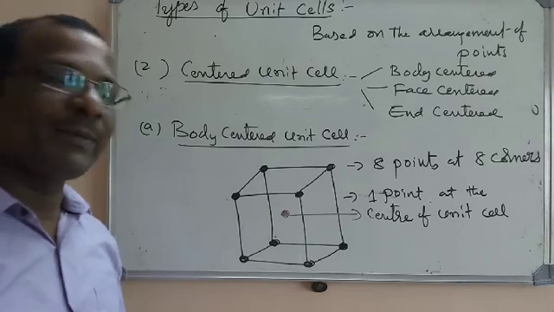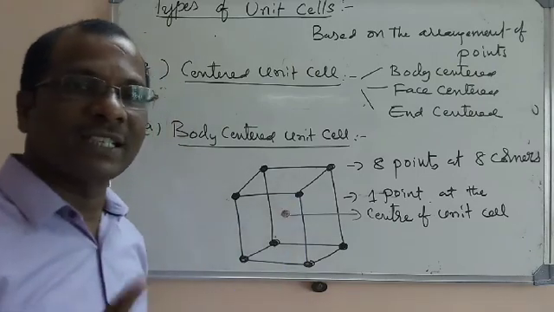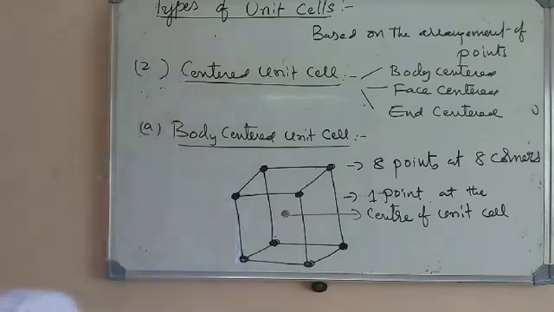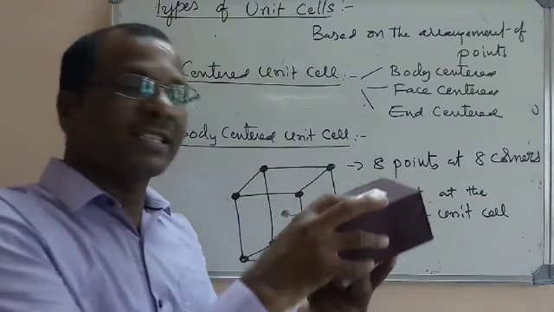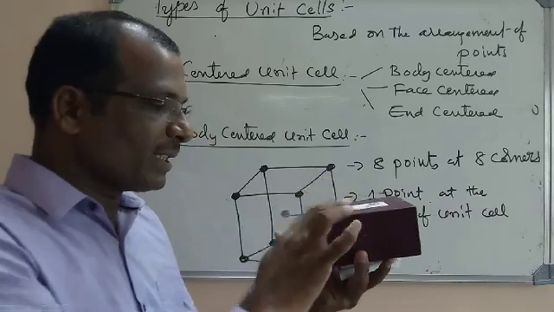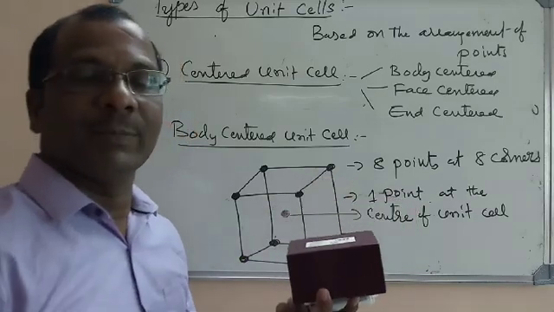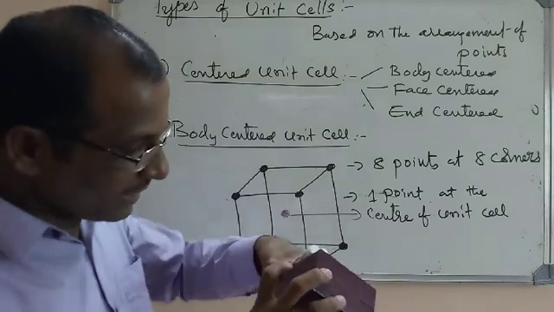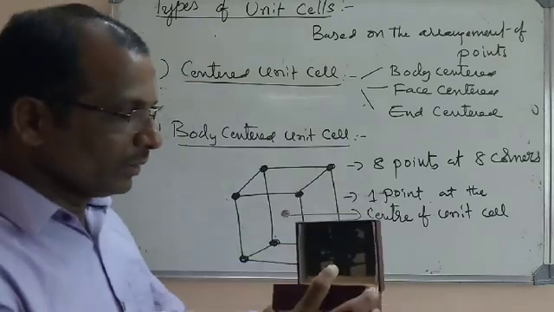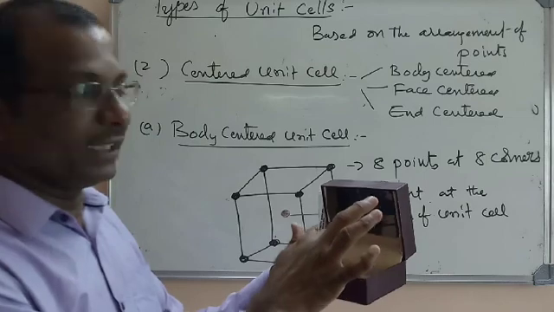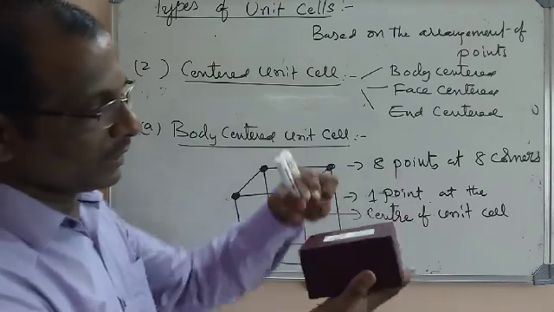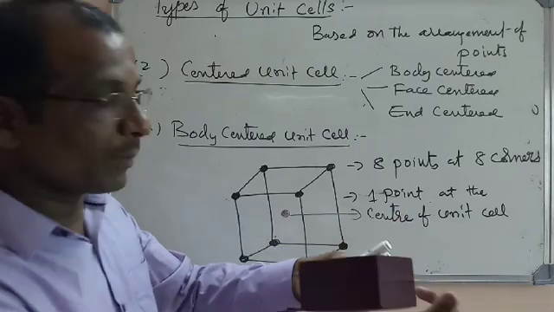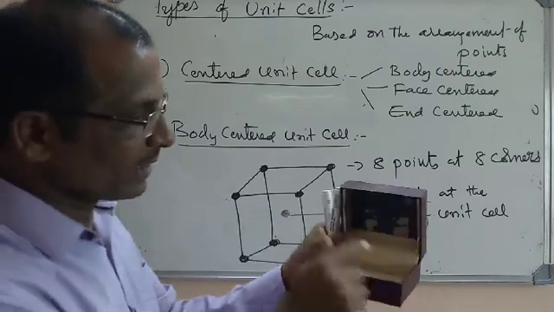It is the same as a primitive unit cell, but in addition to the primitive unit cell, we have a particle at the center of the body. For example, if this is the unit cell and we keep 8 points at the 8 corners, it becomes primitive, and then the point in the middle is the center of the body.